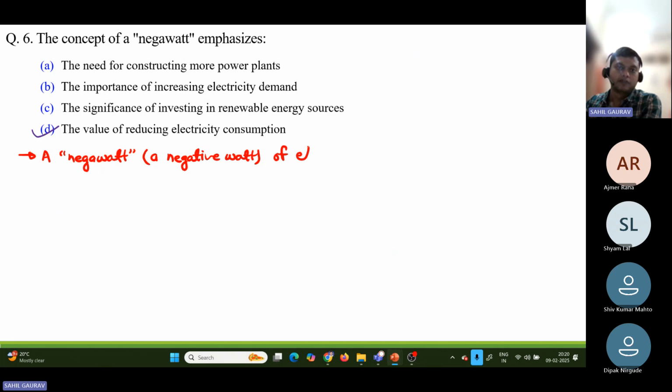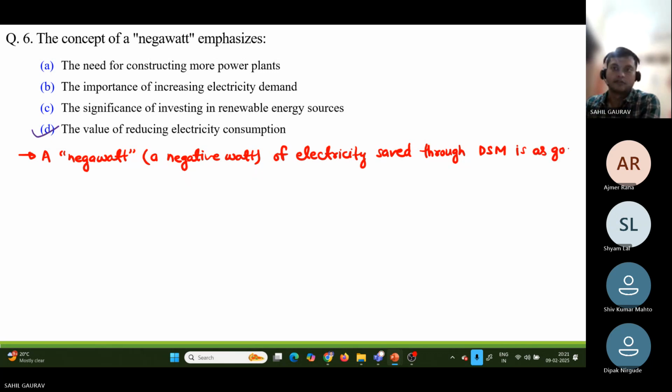A negawatt of electricity saved through demand side management is as good as a watt of generation capacity.